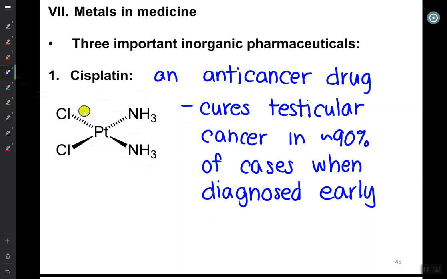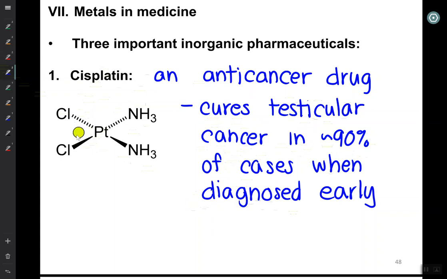So whether or not you're aware of this, this is still one of the best drugs in the market. And what's cool is that it's a cure rate. So if you're lucky enough to have early detection, there's a very good chance that you can actually be cured of testicular cancer. There are other cancers that this drug is used for. I don't remember which ones, but I think the most successful is for testicular.